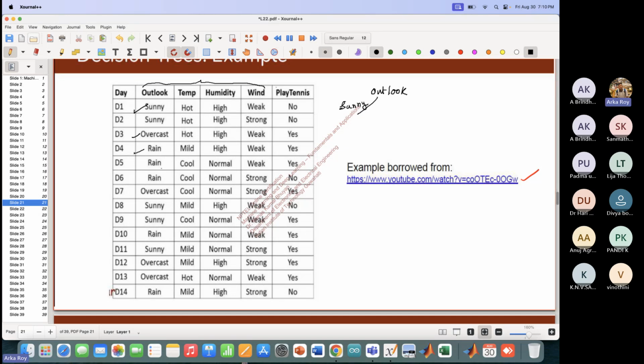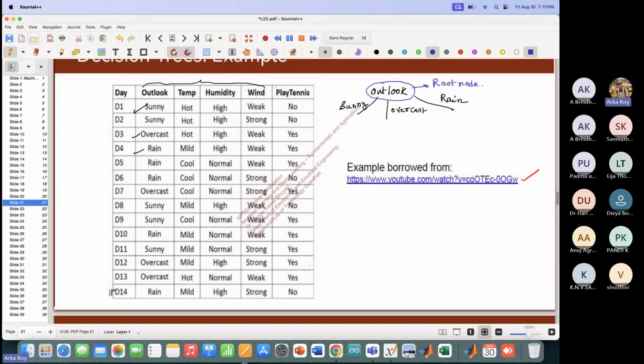So there are three unique categorical representations. Now, the first question is, how can you choose the root node? The root node could be Outlook.